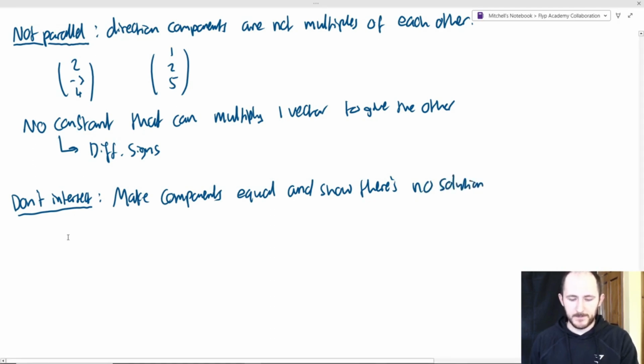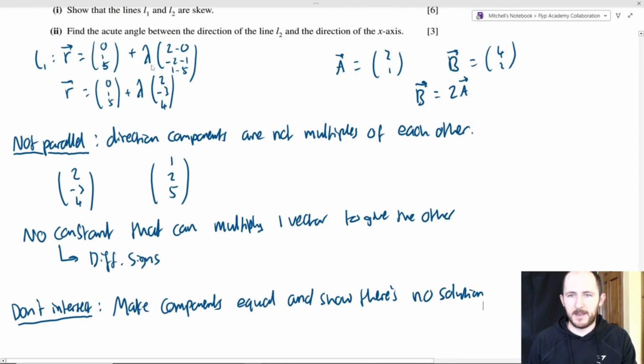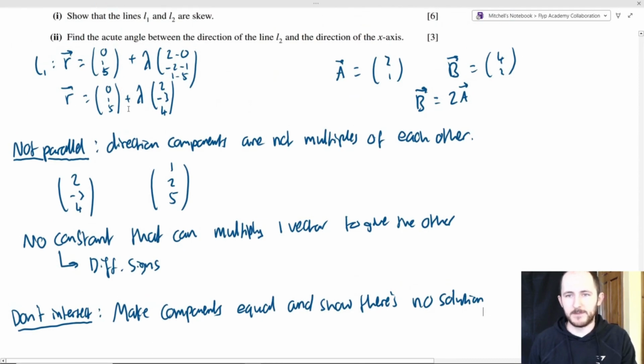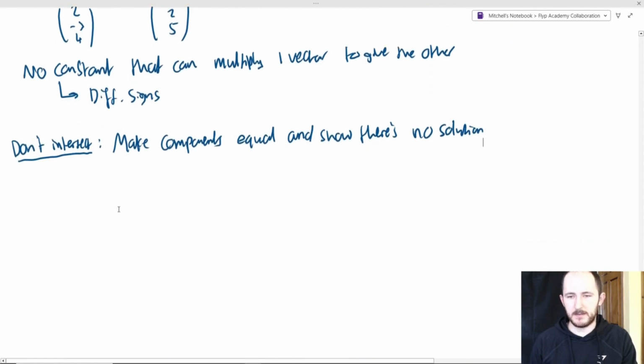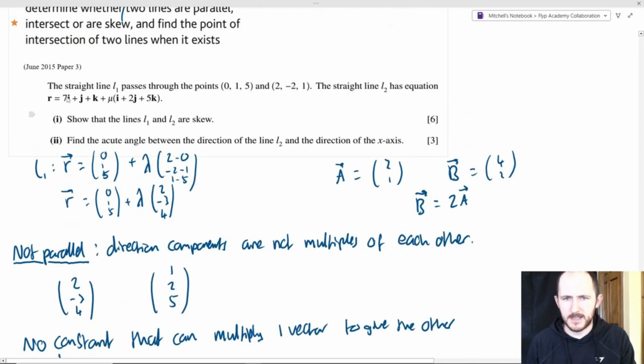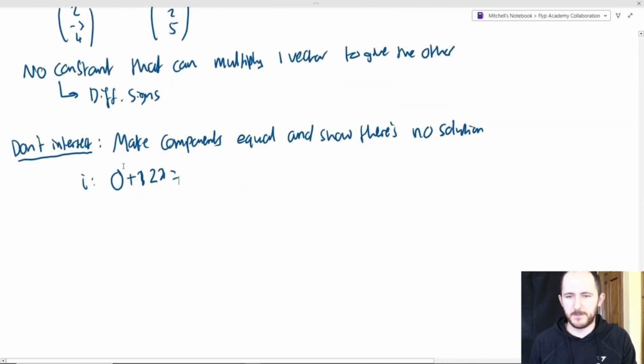So let's do it. If I compare the i components, we have 0 plus 2 lambda. So I'm actually going to write i, just to make this clear. 2 lambda equals, for the i components of this, 7 plus mu.